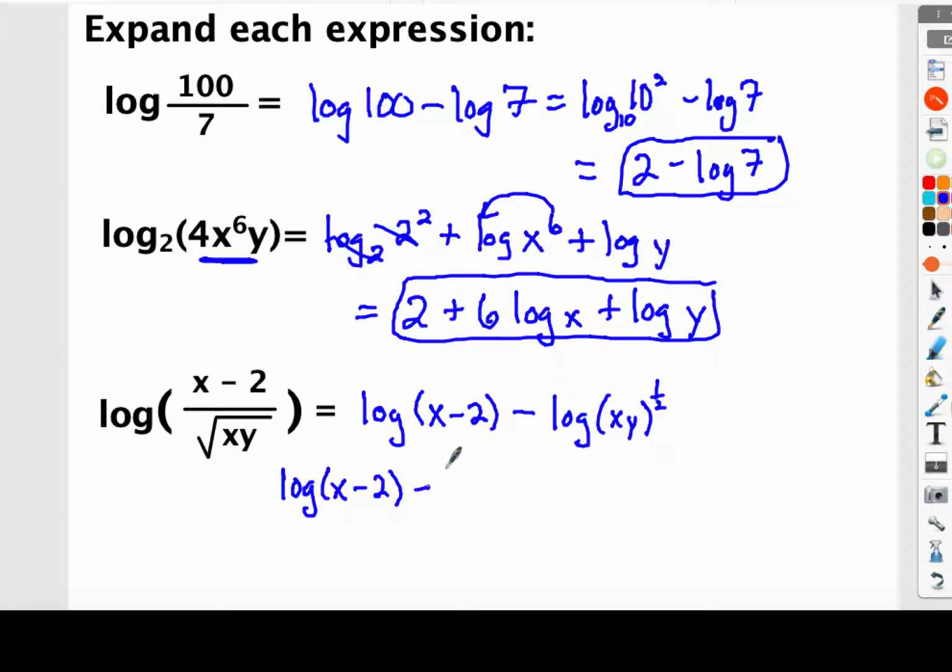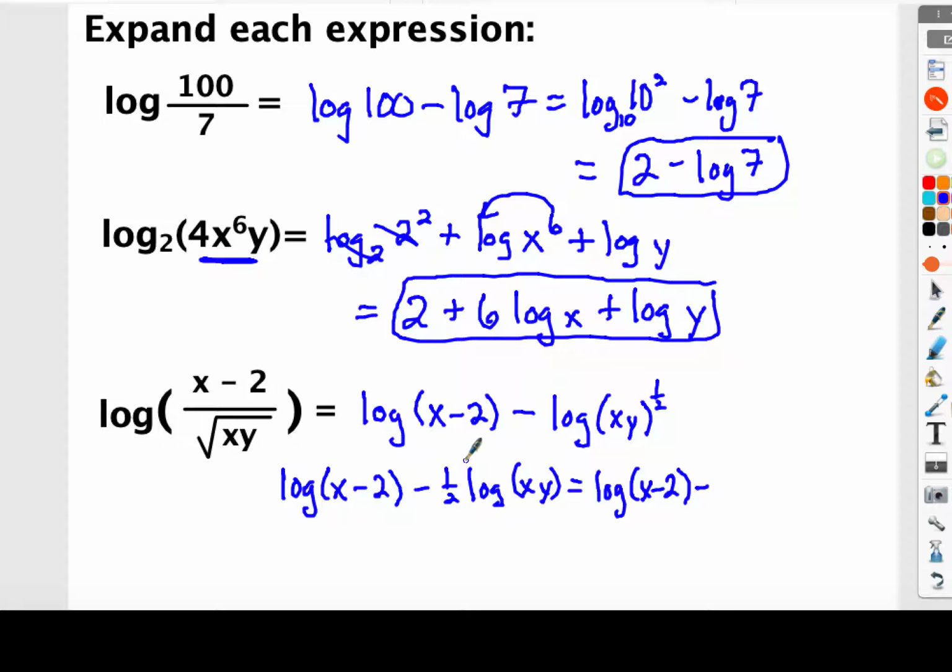But again, I can say minus 1/2 the logarithm of xy. And if I want to separate a little bit more, again, the log of x minus 2 minus, I can make that logarithm into two things added, but now remember, we've got this subtraction in front.